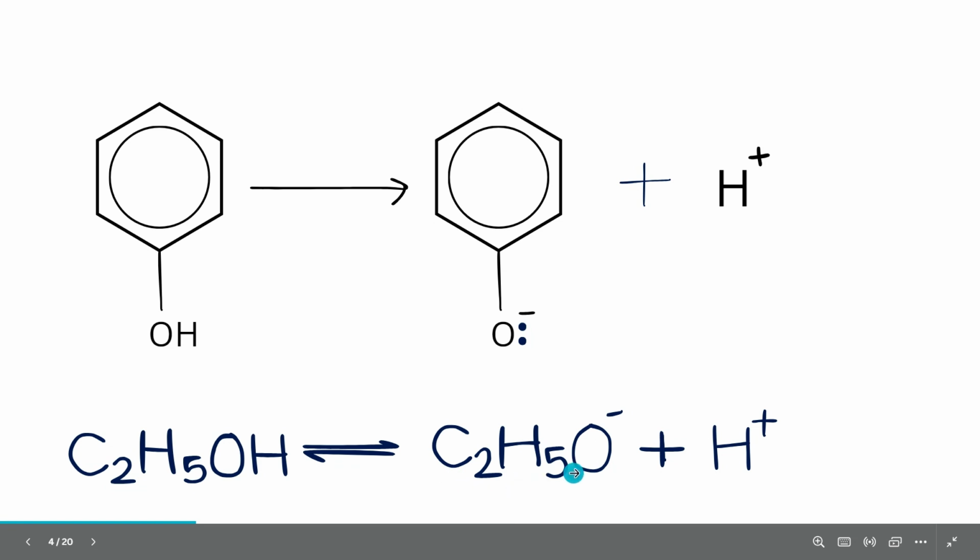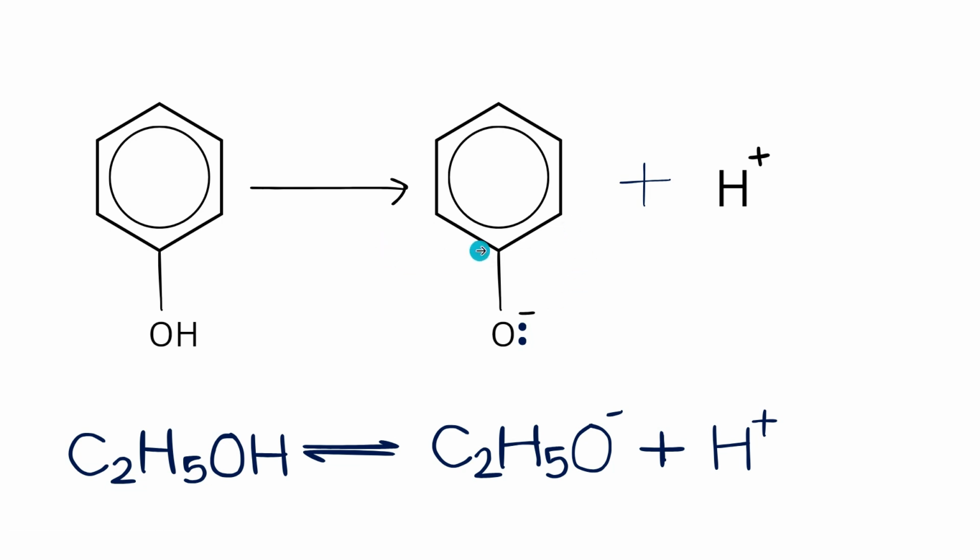So this alkyl group tends to push the electron cloud towards the oxygen atom, making one end of the molecule very negatively charged, and thus this product is not as stable as the phenoxide ion. So that is why phenol is more acidic than alcohol.